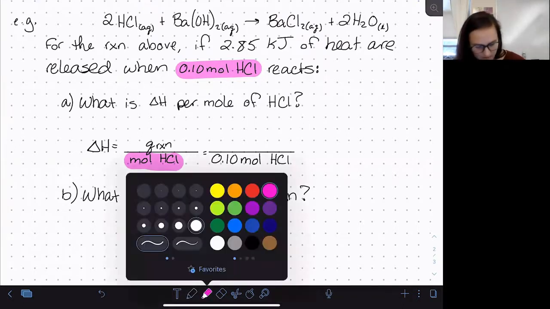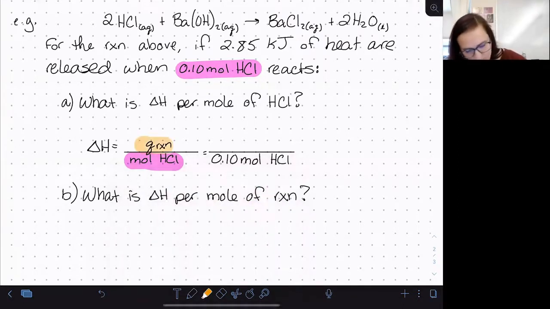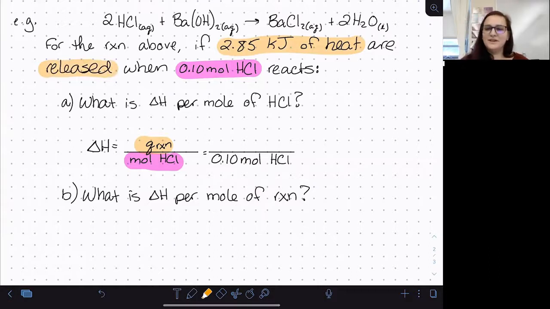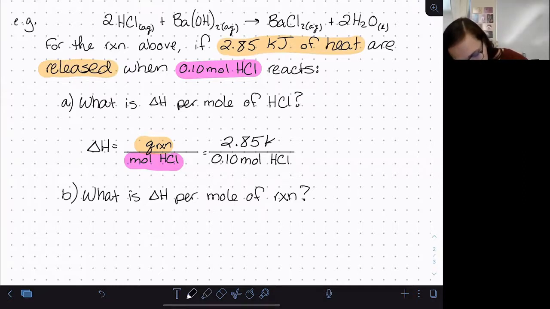Q, we are also mostly given. We're told the amount of heat, and importantly, we are told that that heat is released. So we have 2.85 kilojoules of heat.